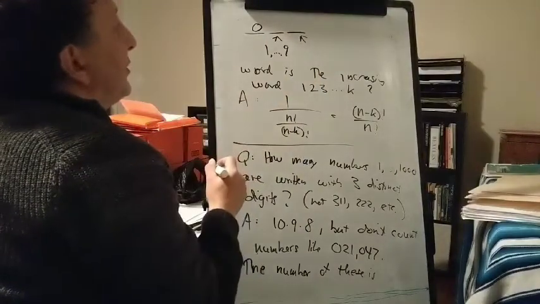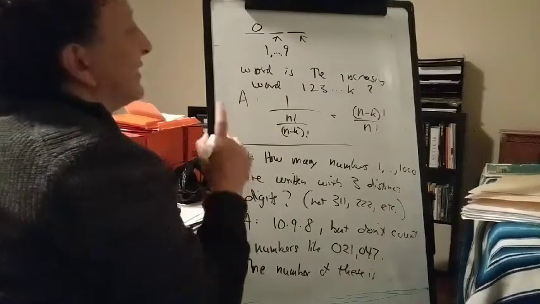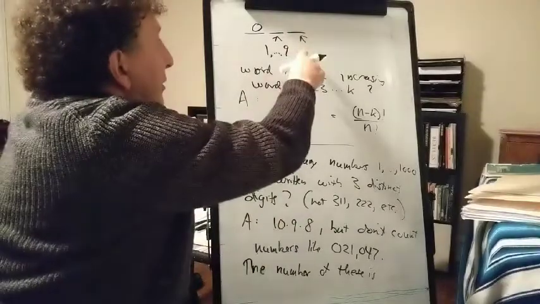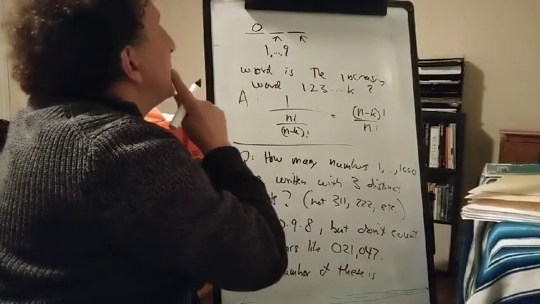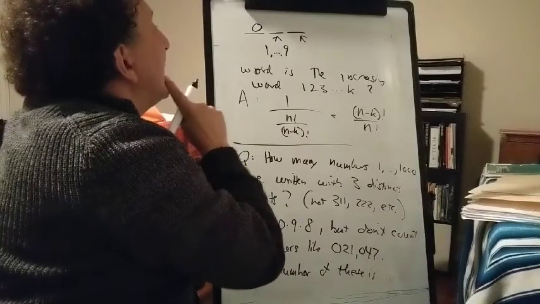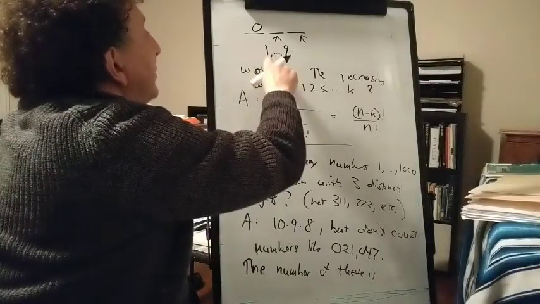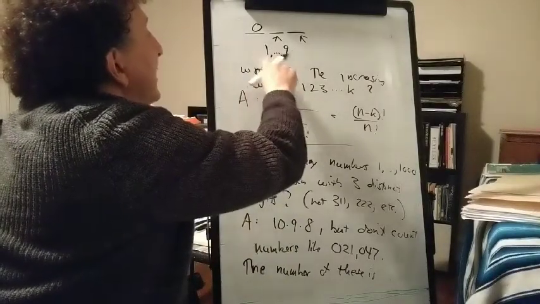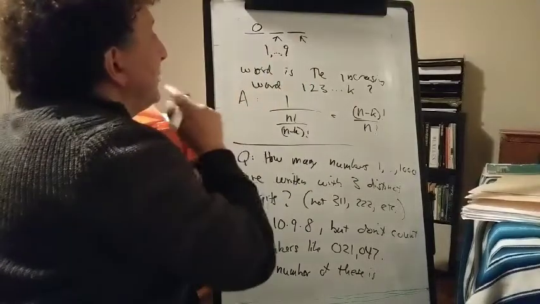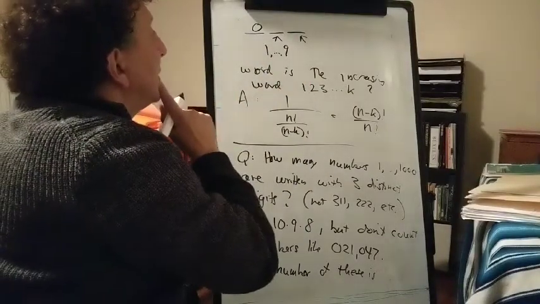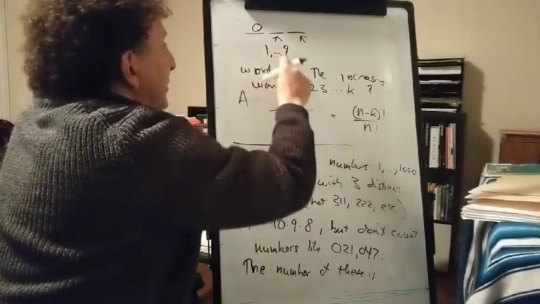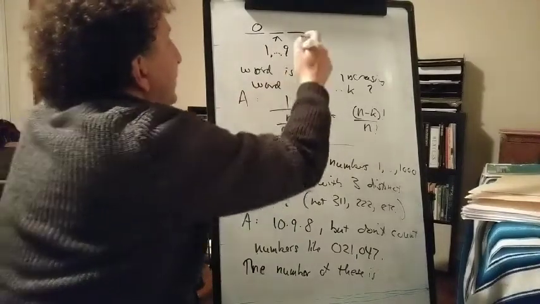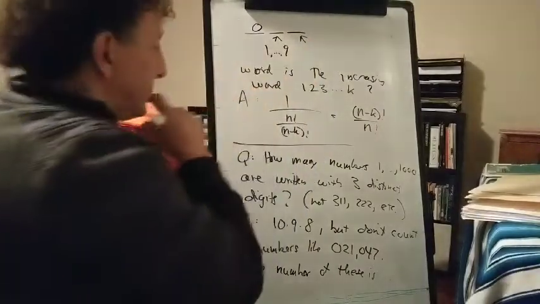And then the third digit has 8 choices, anything except for the 1 digit that we put here.